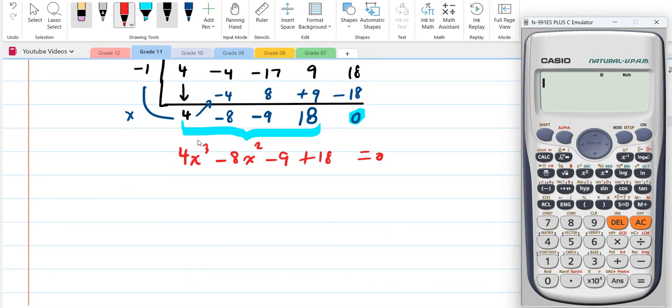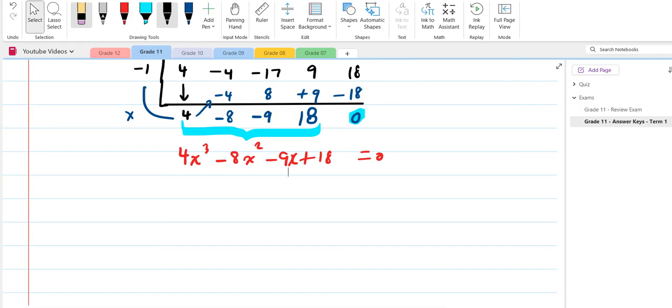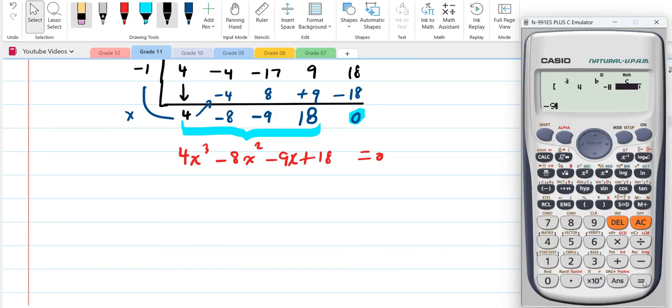Obviously I'm allowed to use a calculator, so I will use it. Go to 5 and press 4. So I've got 4, minus 8, minus 9x. That should be an x there. Let's correct it. Minus 9x, and we have 18 at the end.